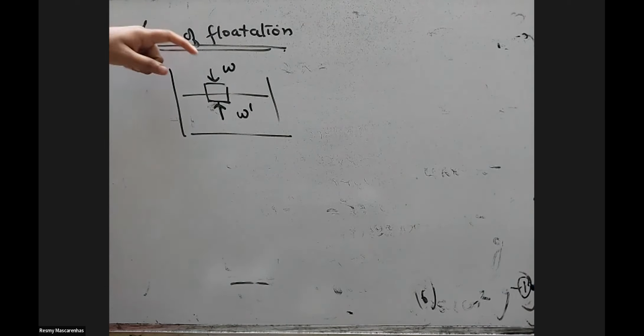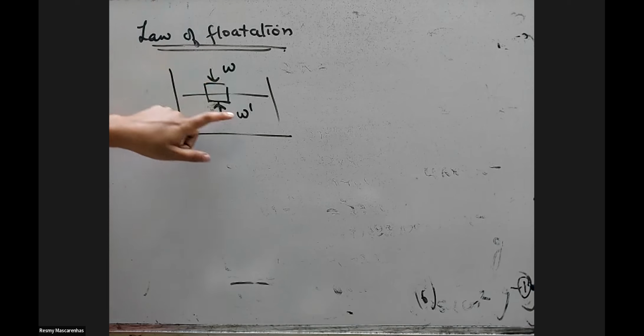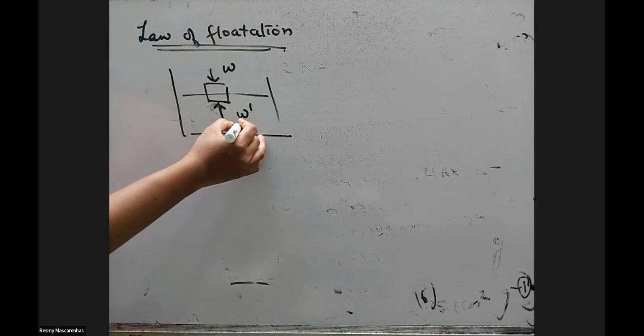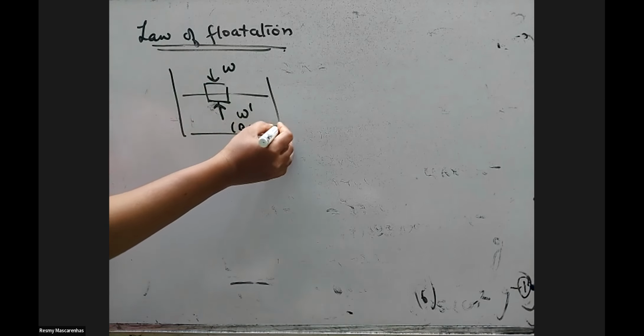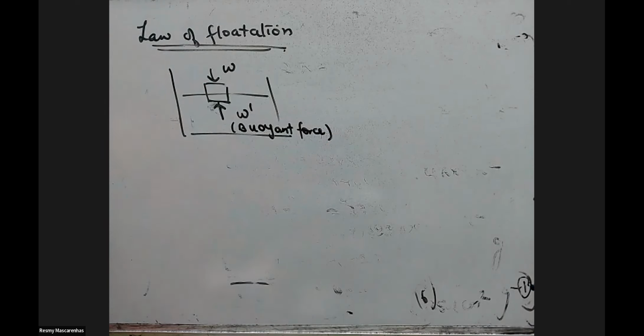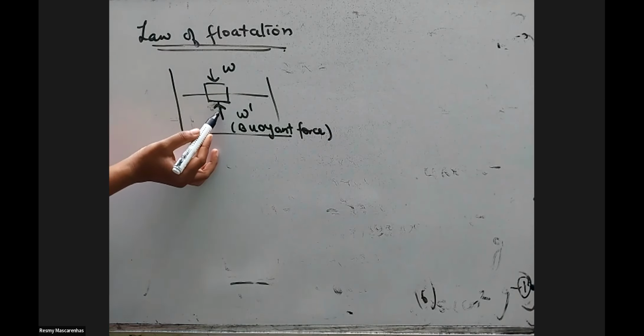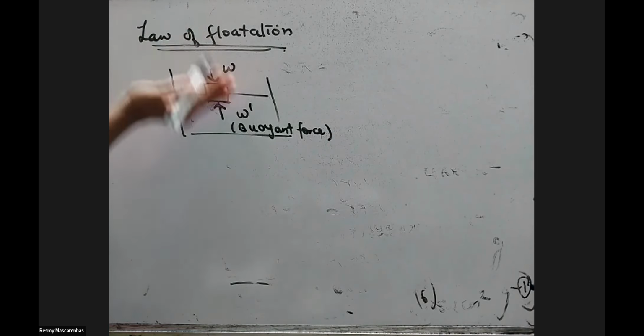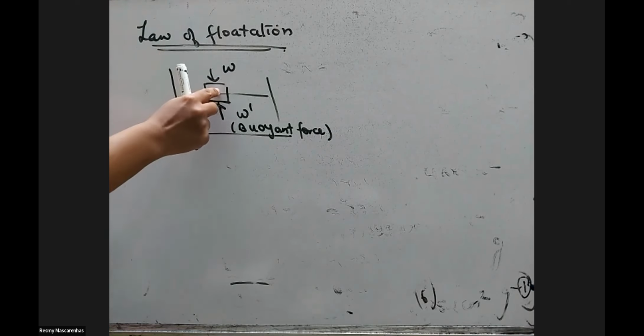The weight of the body must be downwards. So while drawing like this, and opposite is this, called the buoyant force. Now it's obviously understood, if this weight is very high, if this fellow is not able to push it up, this will sink.